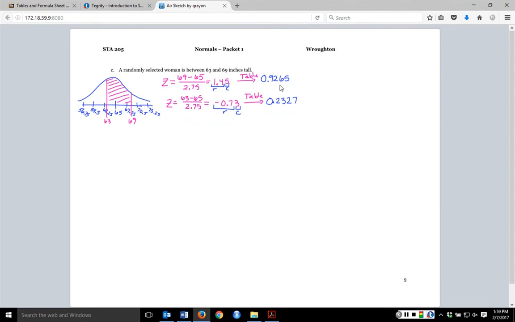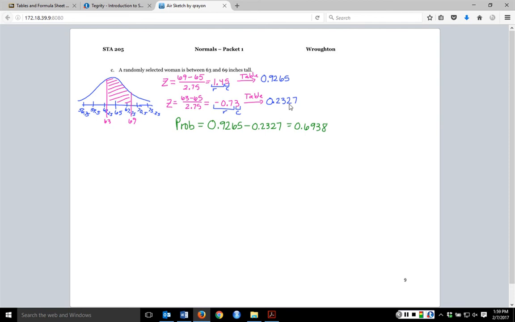This is the first picture, and this is the second picture. So what I just need to do then is to subtract those two numbers. So I'm going to take the 0.9265 minus the 0.2327, and that's going to get me 0.6938.